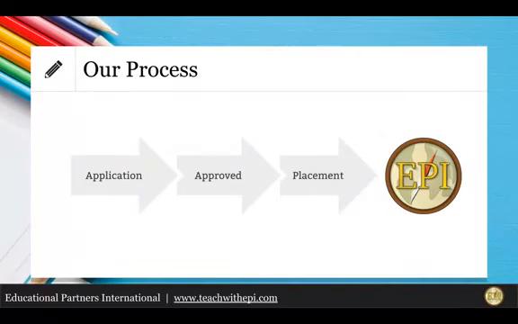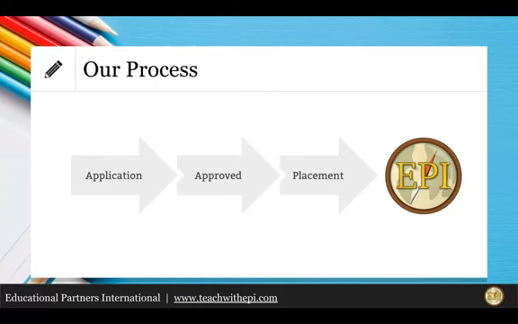So now that you have some background on who we are, it's important to understand the basics of EPI's process. So our process for bringing teachers like you to the United States looks something like this. First, you complete an application so that we know that you are eligible for our program and will be a strong candidate for cultural exchange in the United States.